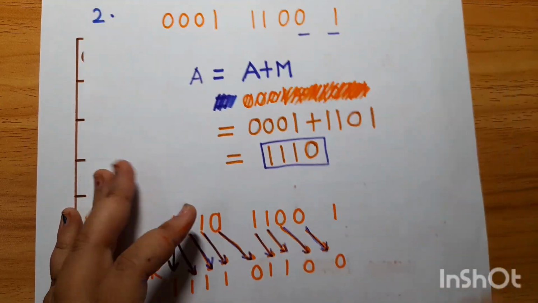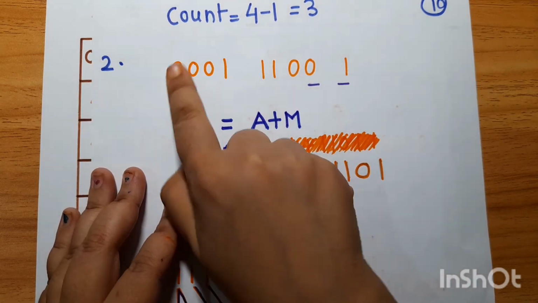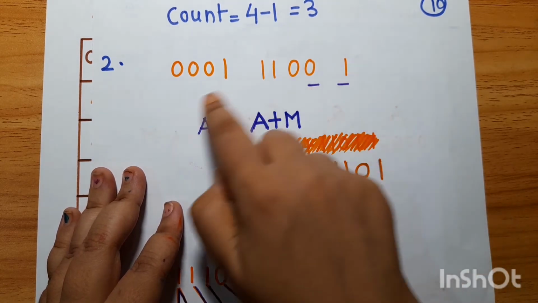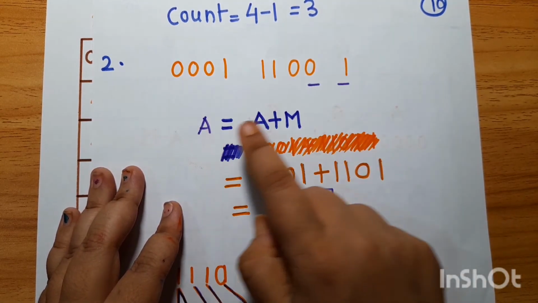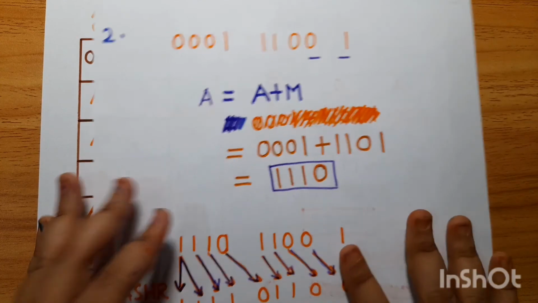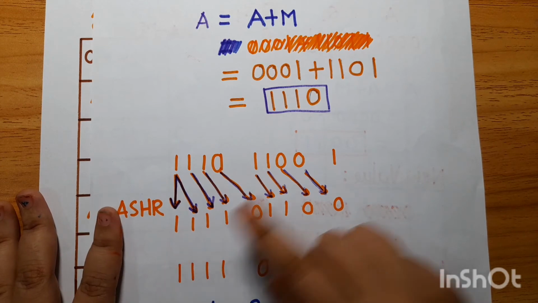So you check, you see here step 2, here 0 0 1 1 1 0 0 1 0 1, A equal to A plus M coming as 1 1 0. Okay, again I am doing the arithmetic shift right.